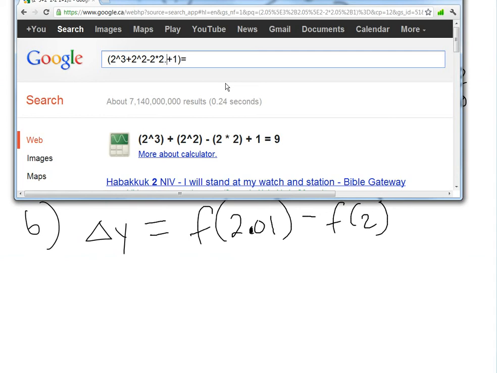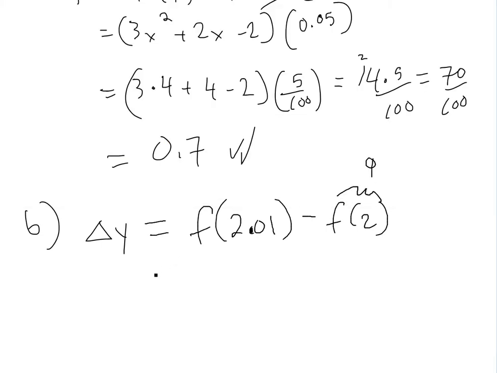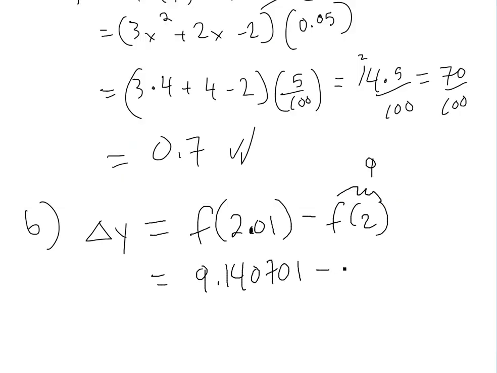This is 2 times 0.01, plus 0.0101. This is 9.1407.0701 minus 9. This just equals 1.4071.